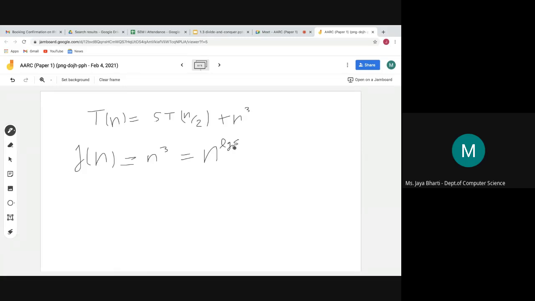When you compare these two, what is the value of log 5 base 2?